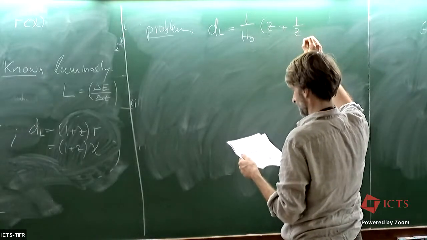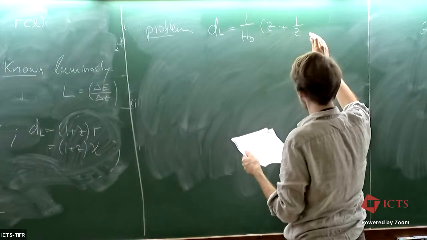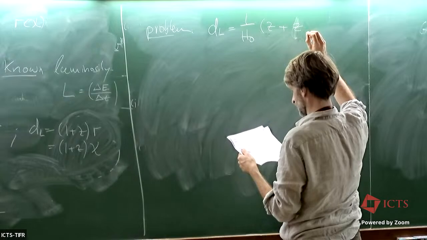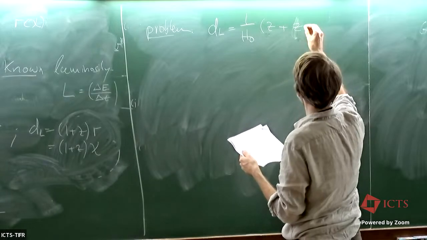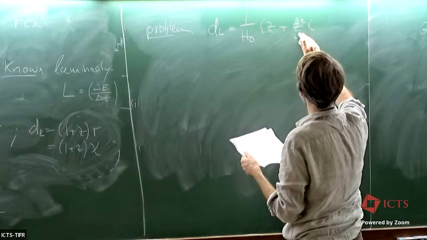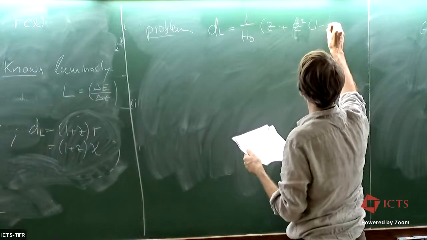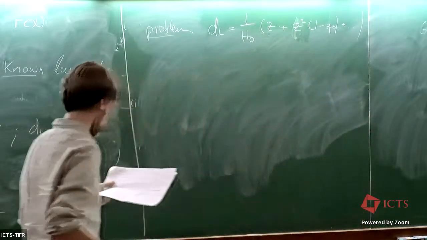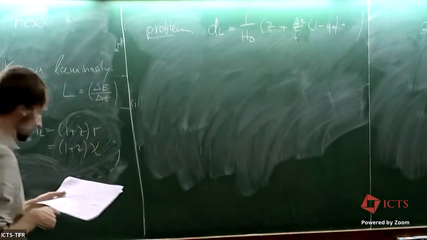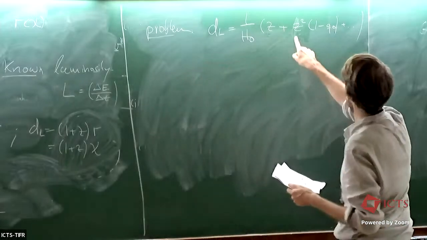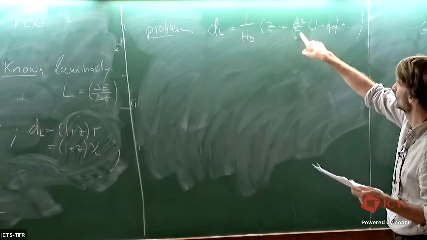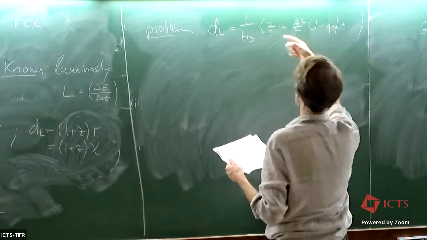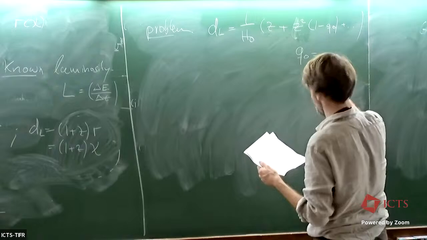Sorry, I'm confused. I think there's a typo in the notes. I think it's z squared times 1 minus q0, but I need to double check. Probably there's a typo, so take that precise factor with a grain of salt. But q0, you're going to derive it anyhow, so you're going to check anyhow.